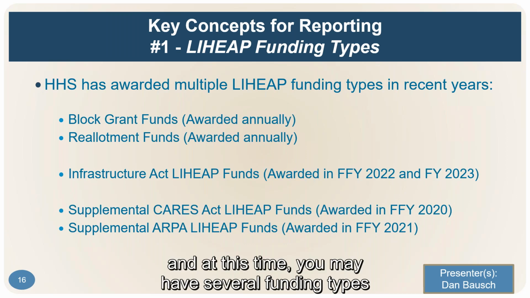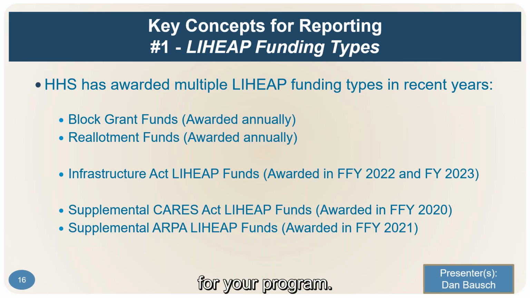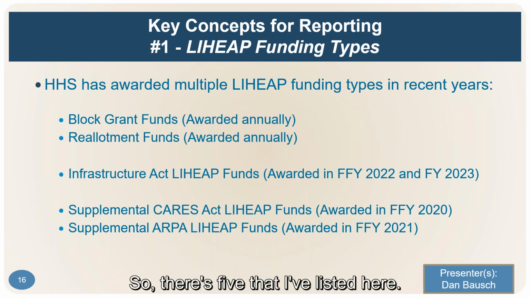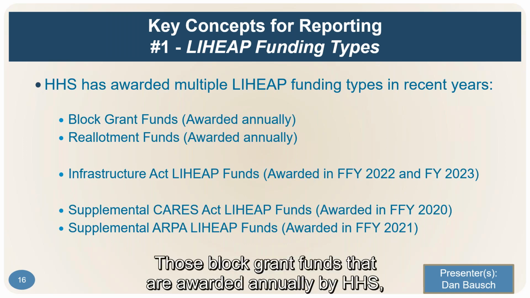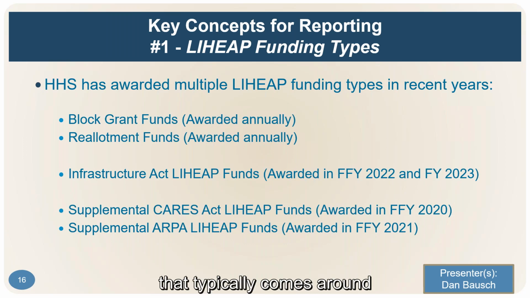And at this time, you may have several funding types that you're utilizing in one way or another for your program. So there's five that I've listed here. Those block grant funds that are awarded annually by HHS. There's a smaller amount of what's called reallotment funds that typically comes around the end of a federal fiscal year.